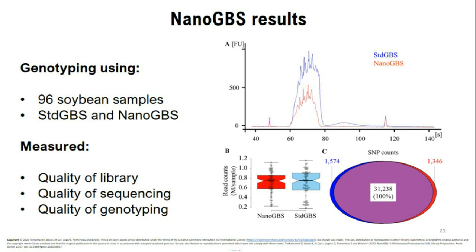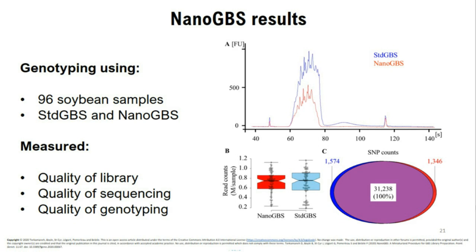You can see the libraries are identical in both approaches. We have only less material in NanoGBS as we use less material at the beginning. Then we ran the sequencing with the same sequencing technology and the same protocol for both libraries.